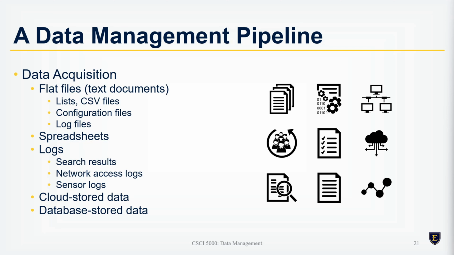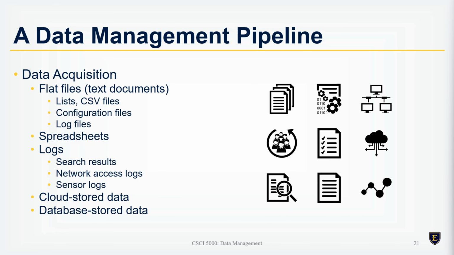Spreadsheets have data in them that we may need to collect. Logs in a Windows system, or logs in a network system like on a router. Cloud stored data, things that are stored in the cloud, and database stored data, things that are stored on a local database. All of these are important, and we have to know where those sources might be in order to gather them.